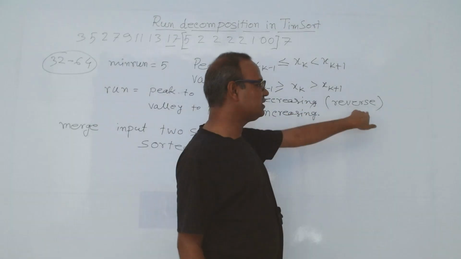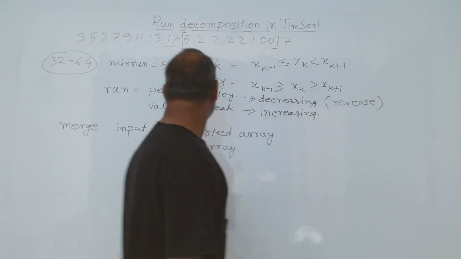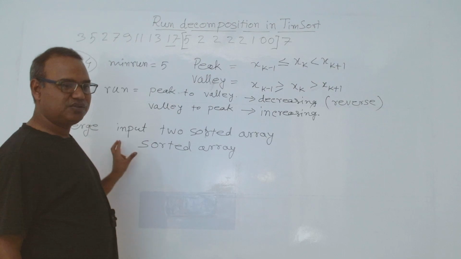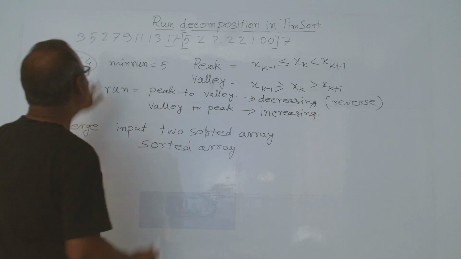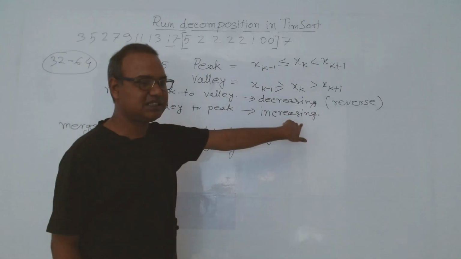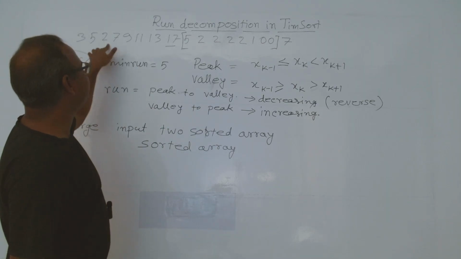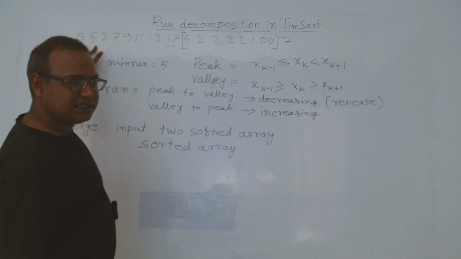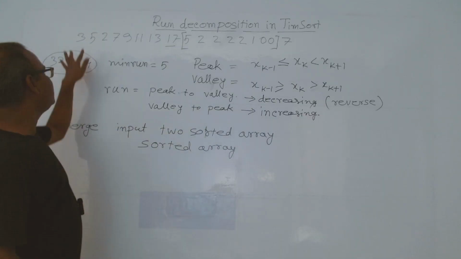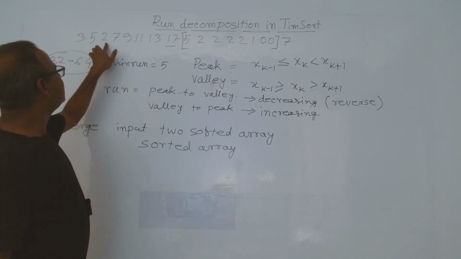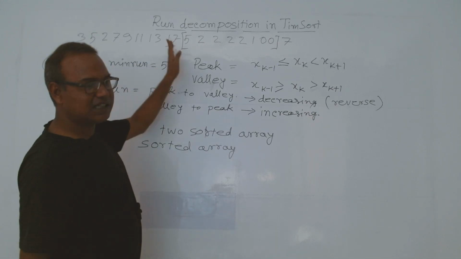Inside the decreasing sequence we have to do a reverse, and then we have the run. Now if the length of this increasing sequence or decreasing sequence is less than 5, for example in the first place 3 5 2, 3 5 is an increasing sequence, but 2 is a smaller number, so there are only 2 elements, and after the 2, 7 9 11 13 17, this is a run.